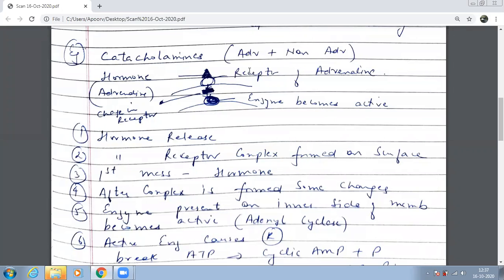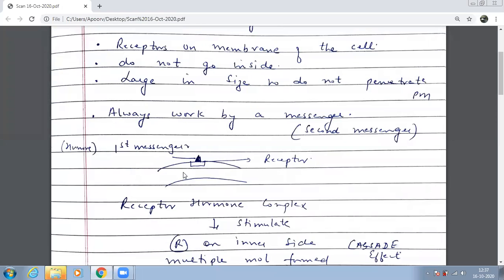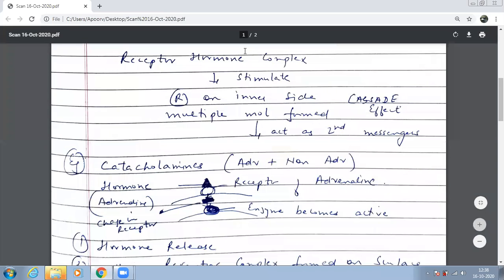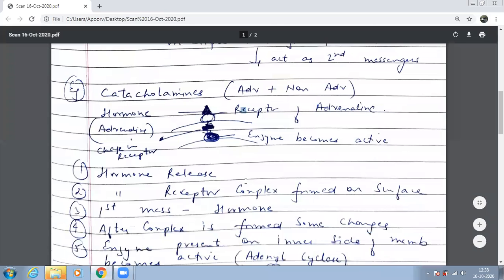This triangular hormone, in general, could be any hormone, and this could be the receptor of that hormone. Now, since I've taken a specific example of adrenaline, this triangular one is which hormone? Which example have I taken over here?